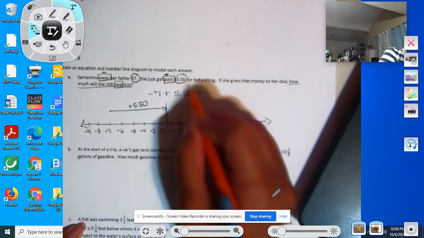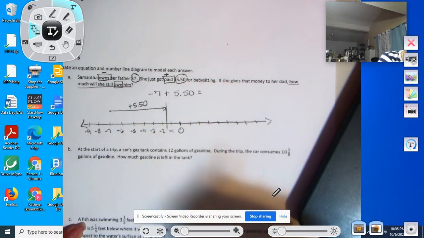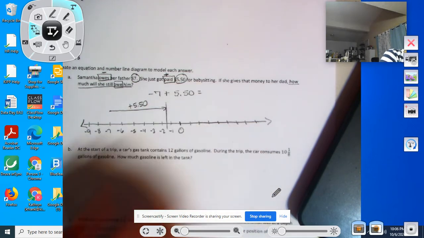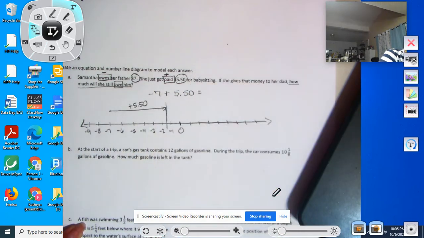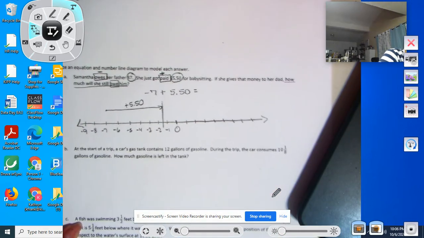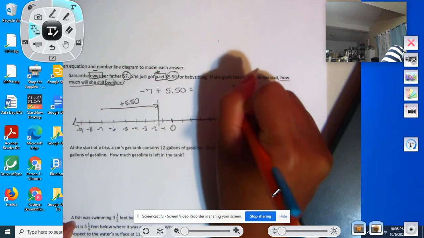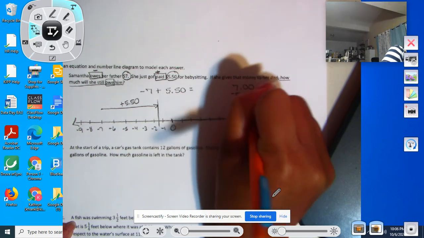So if we find the difference of their absolute values, that will give us our sum. That was a rule that we talked about when we're adding opposite signs. We take the difference of their absolute values. So what's going to be the difference? Well, difference implies subtraction. So that means I'm subtracting 5.50 from 7.